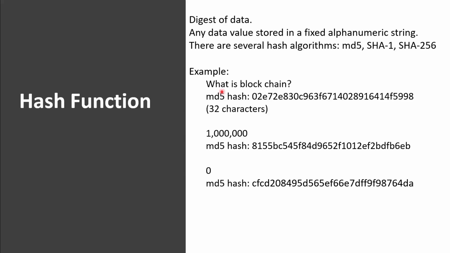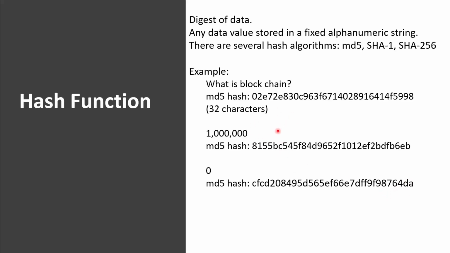So if we look here, the string here, what is blockchain, is hashed into this 32 character string. And if we look here, this 1 million with the commas is hashed into this 32 character string. And 0 is hashed into this 32 character string.